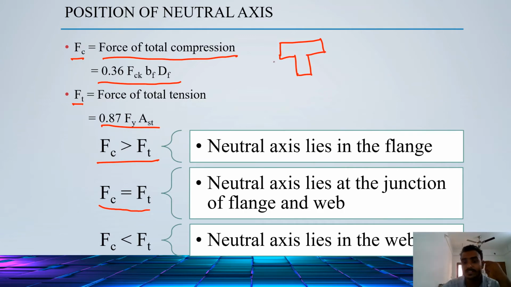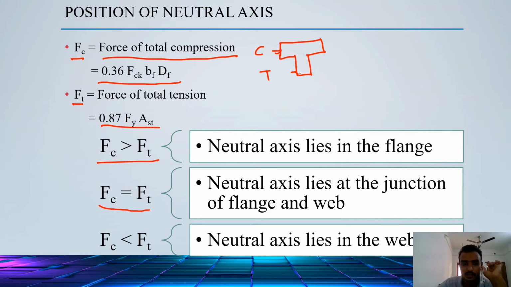So the total compression force is only at the top and the tension force at the bottom. This is the regular phenomenon. You have to remember this: compression force on the top and tension force at the bottom.